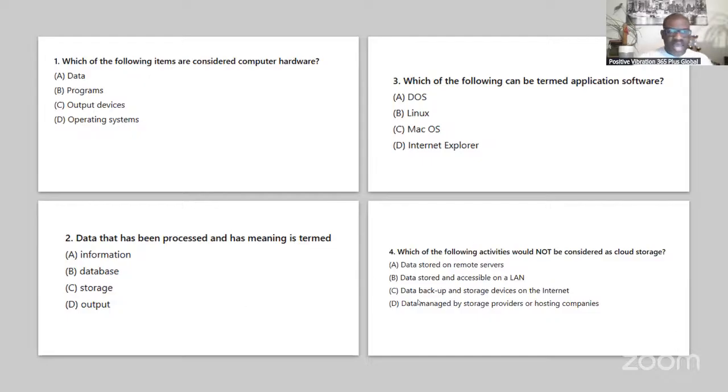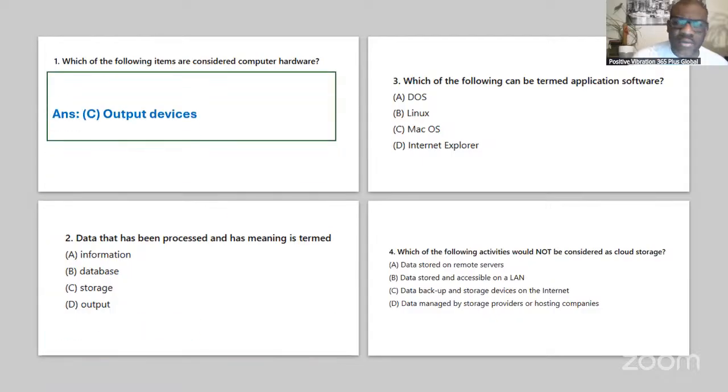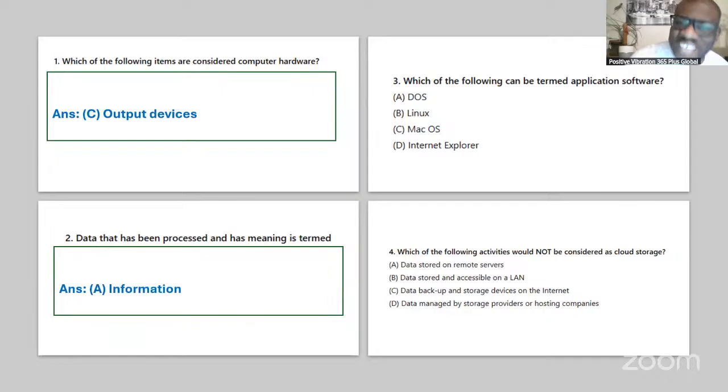All right, next. Make sure you mark the answer now. So the first one there is C. Number two, data that has been processed and has meaning is termed as information. Next, which of the following can be termed application software?